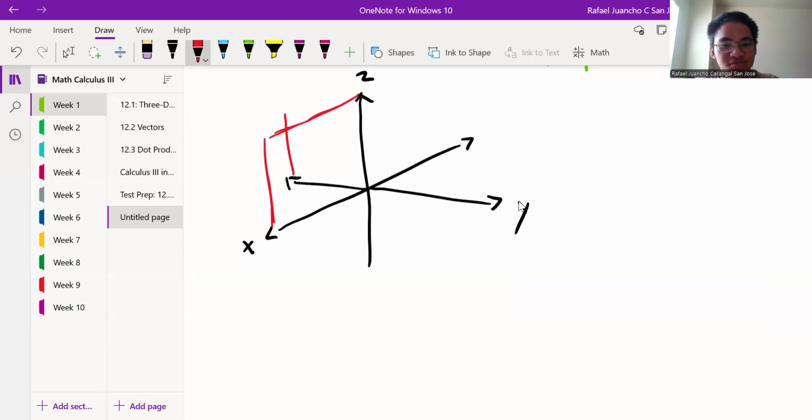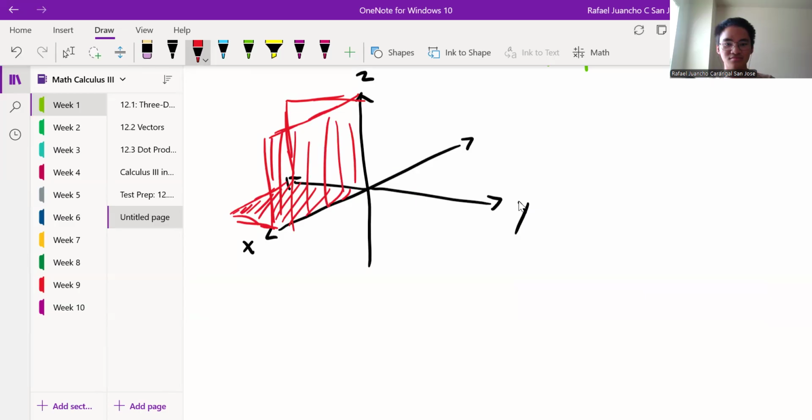The second one is this part, right? You can kind of see what I mean. Yeah, this is the second part, right? So Z is still positive here. X is still positive, but now Y is negative. So that's another part. So we counted one, that's two.